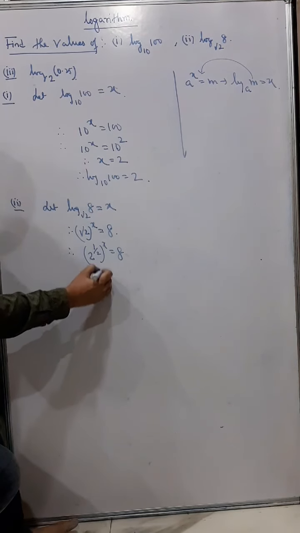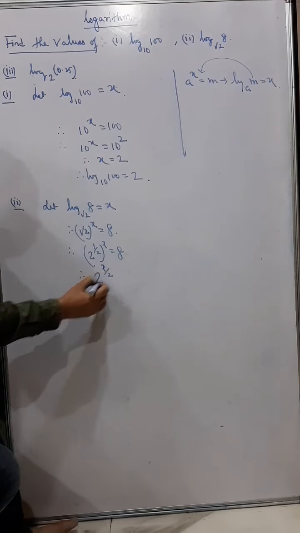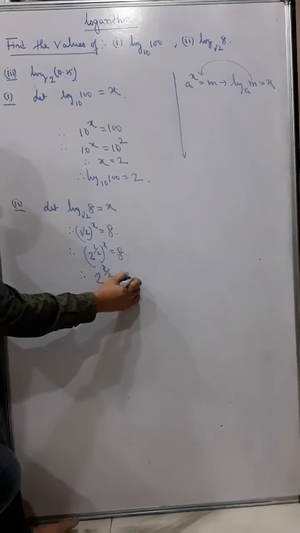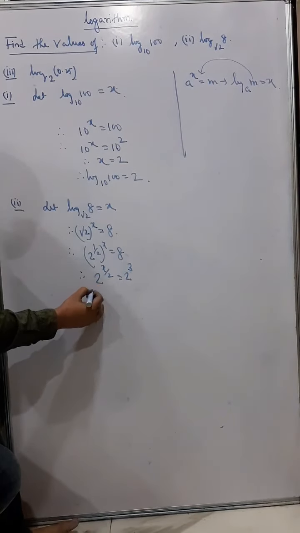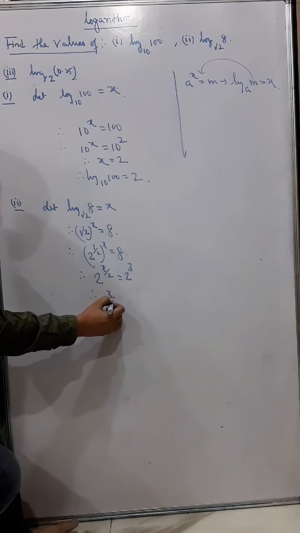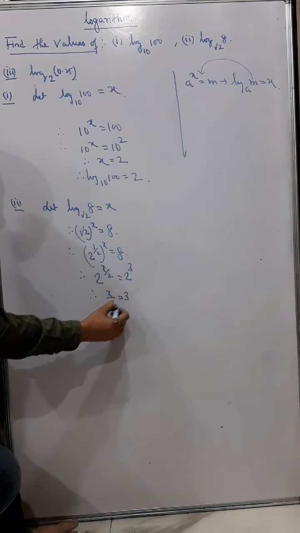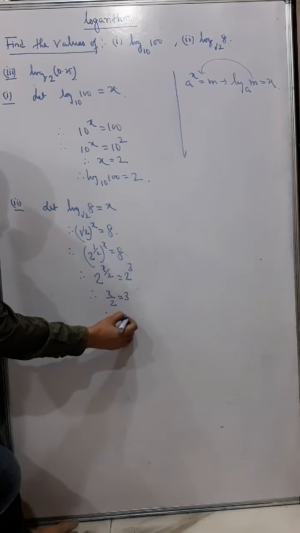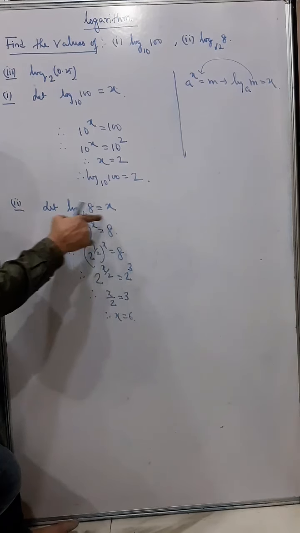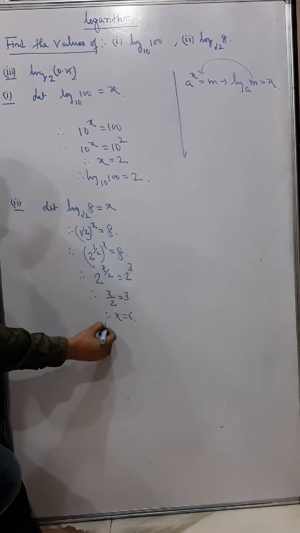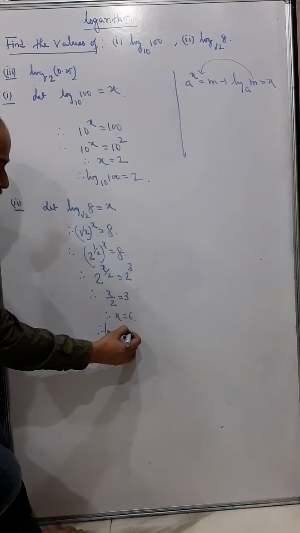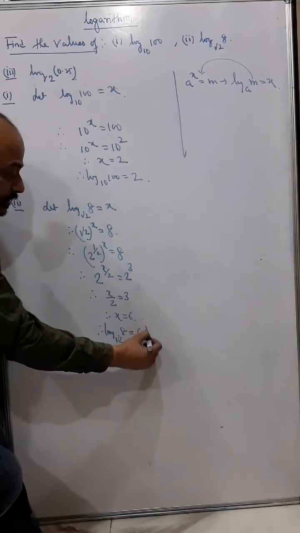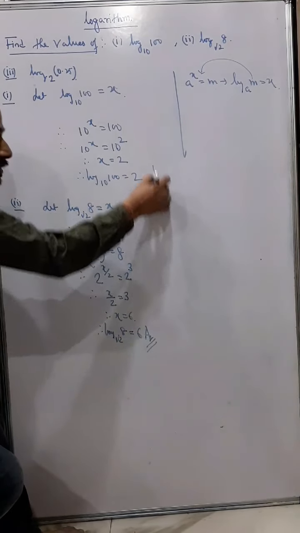Finally I got 2 to the power x by 2, and 8 becomes 2 to the power 3. Now the base is the same, so x by 2 equals 3, and therefore x is equal to 6. So log base root 2 of 8 is equal to 6, and that is the answer.